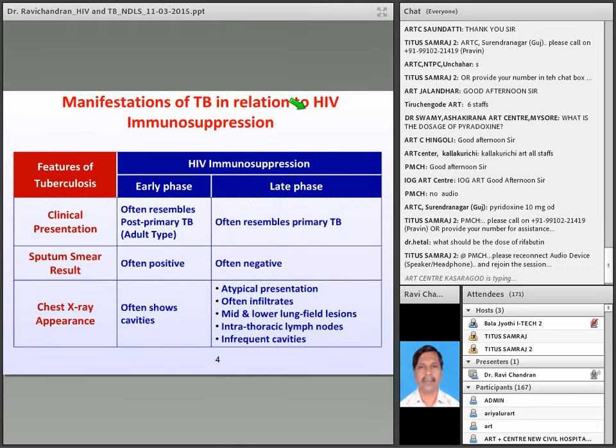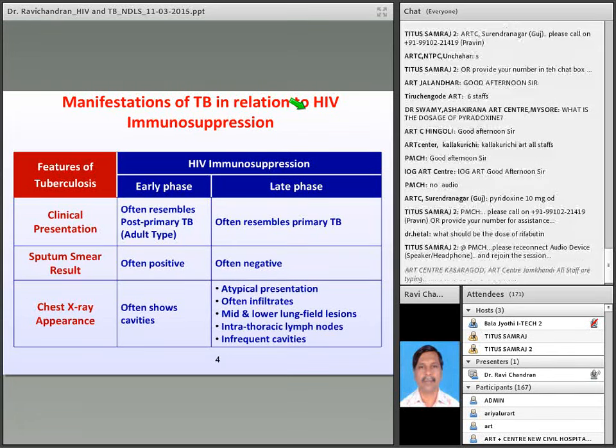So the manifestations of tuberculosis in patients with HIV infection may vary with the phase of the HIV infection. In early phases, the clinical presentation often resembles post-primary tuberculosis, that is, adult type tuberculosis with cavity formation. The sputum will often be positive, and the chest X-ray often shows cavities.